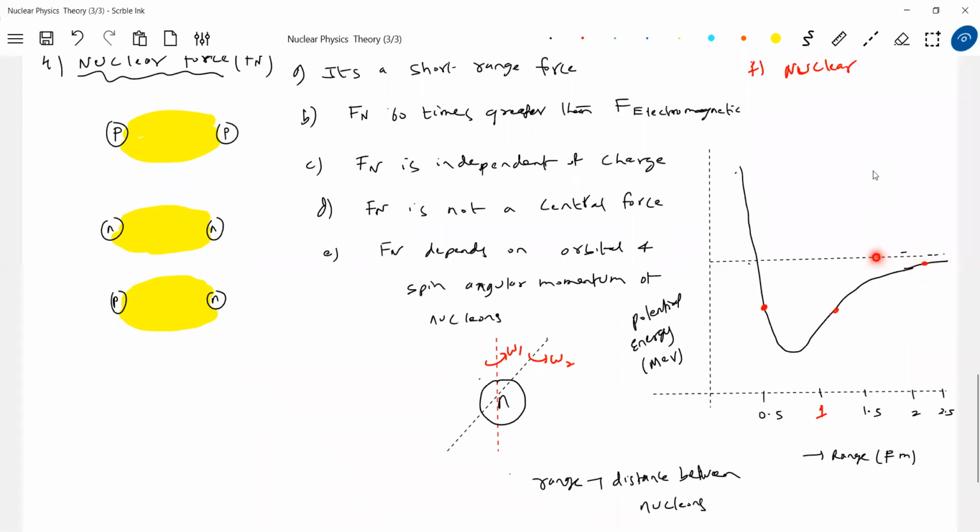So shall we call it a short range force? At a distance of 8 femtometer there won't be interaction between the nucleons. At a distance more than 2 or 2.5, it has become a very small value. Here let it be 0, minus 50.